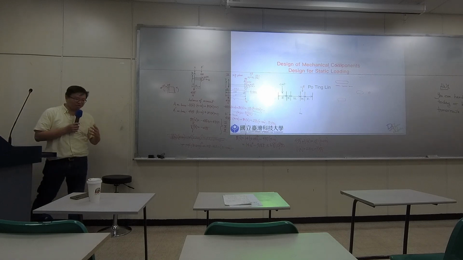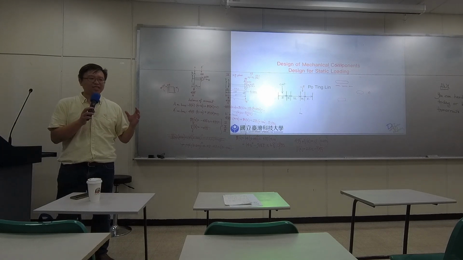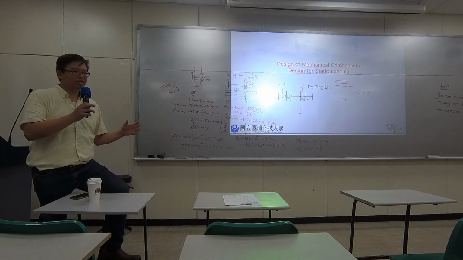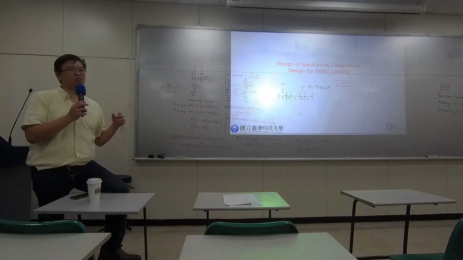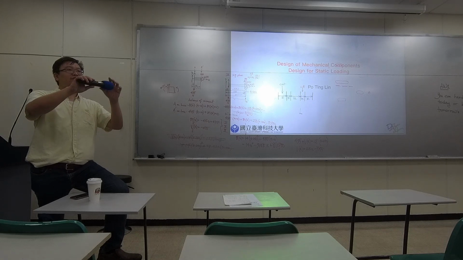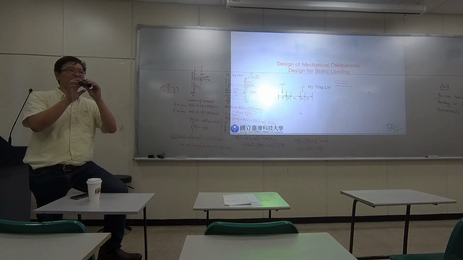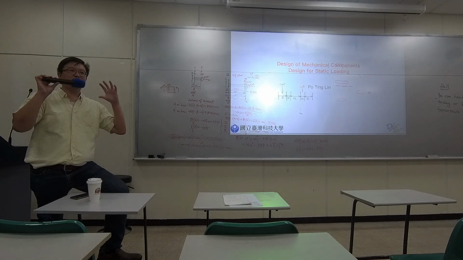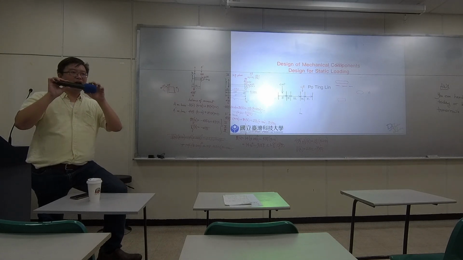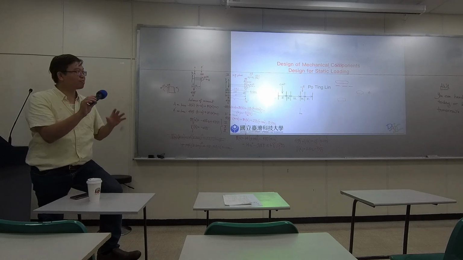So we have been talking about static loading conditions. And we can already break a material by static loads. For example, if I try to break this particular object, if I bend it with a really strong load, I could break this object.